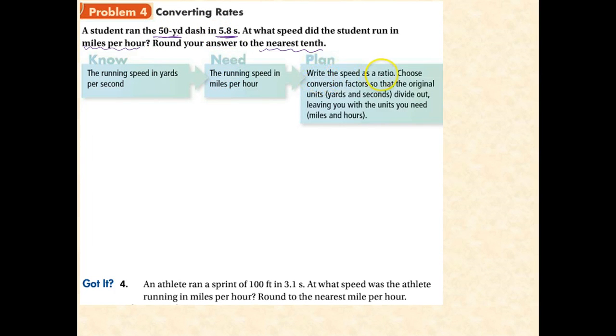So let's write the speed as a ratio and then choose some conversion factors. All right, so 50 yards per 5.8 seconds. I know that 1 mile is 1,760 yards. So my yards will cancel, and then I'll have it in miles. And I know that there are 3,600 seconds in an hour, and that will make my seconds cancel.